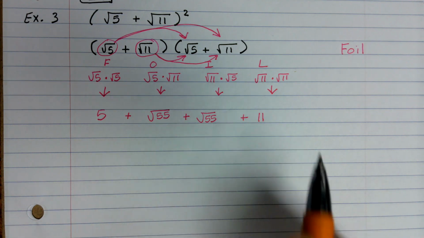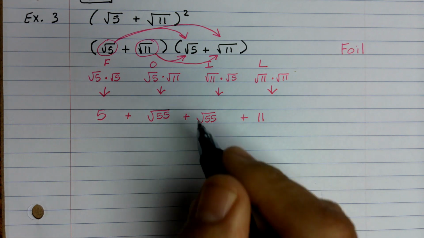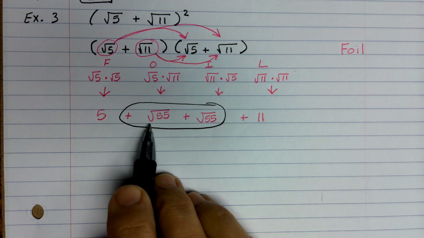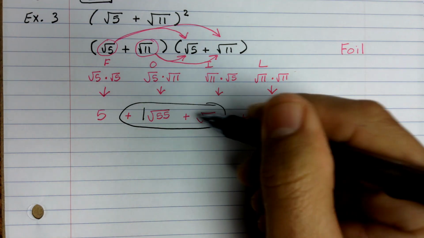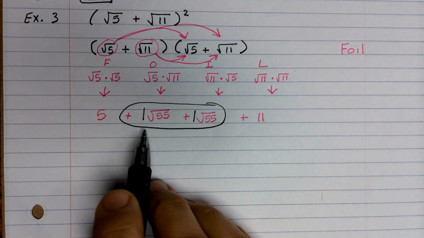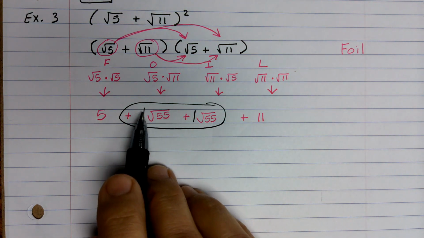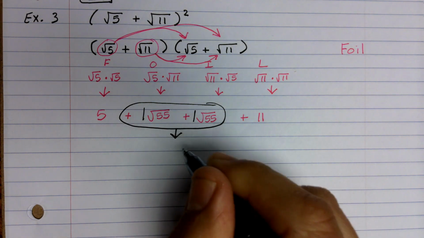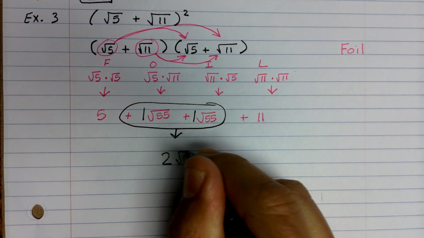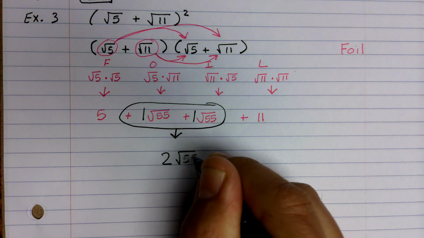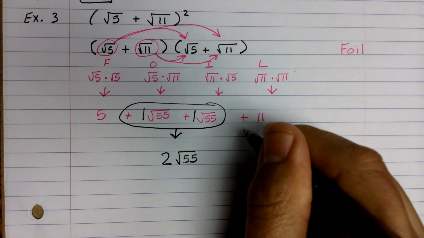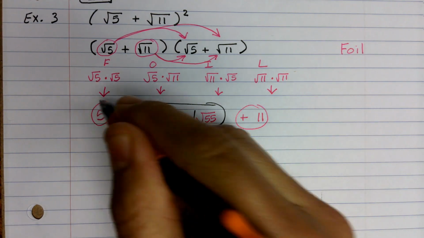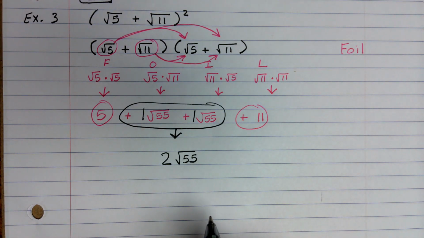Now we're almost done, but we got to put some terms together. So first of all, I'm going to put these two terms in the middle together. And notice that we have two of them. Notice there is an invisible 1 in front of each one of these. And so if I have a square root of 55, a 1 in front, 1 plus 1 gives me 2. So I have 2 square root of 55. And then we have an 11, and we have a positive 5 that we have to put together.